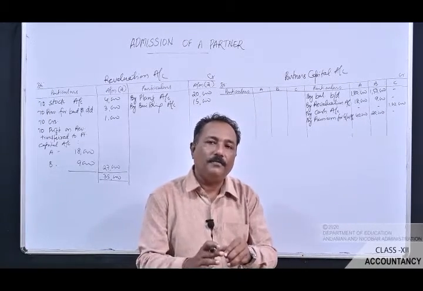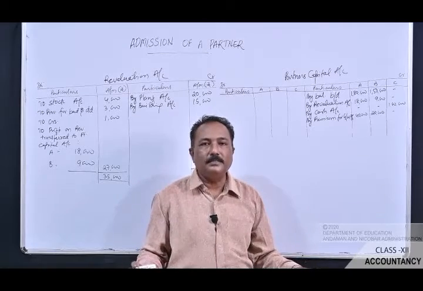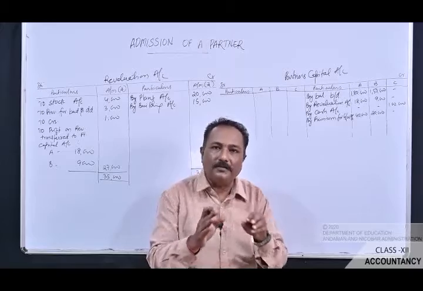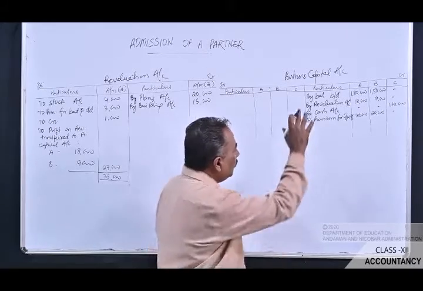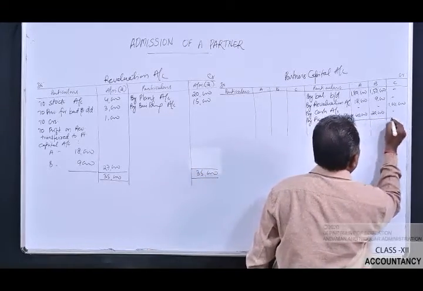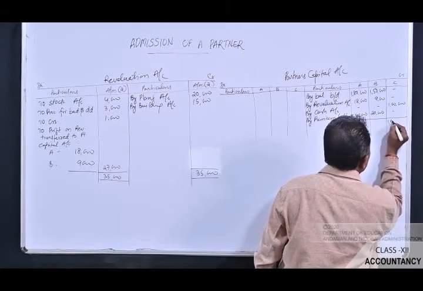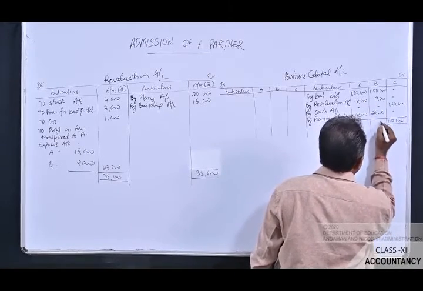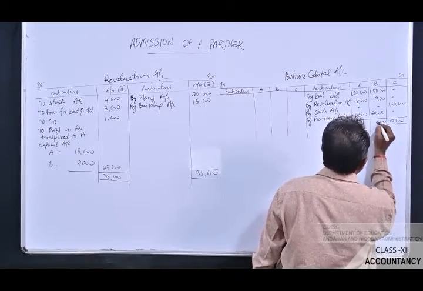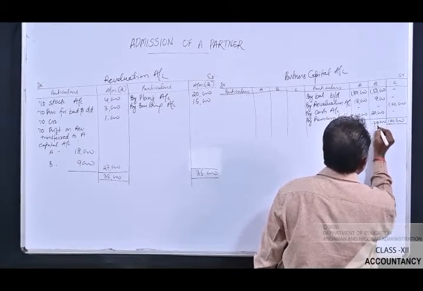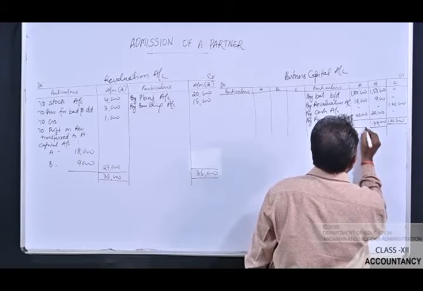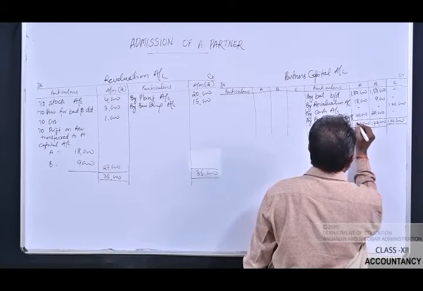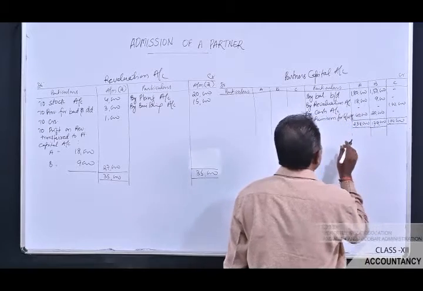Now we have recorded all the items in the partners' capital accounts. Now what we will have to do is close the partners' capital accounts. The total of C's capital was rupees 1 lakh. The total of B's capital was 1,79,000 and that of A was 2,38,000.